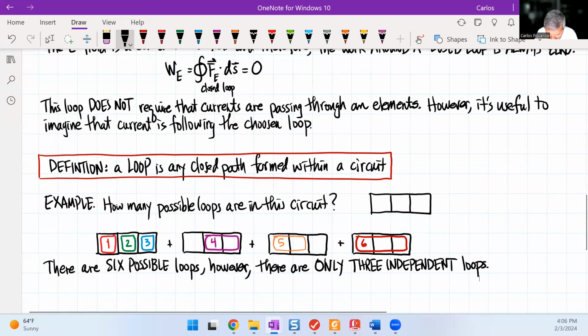And that becomes important. So now let's go in and look at Kirchhoff's voltage law.